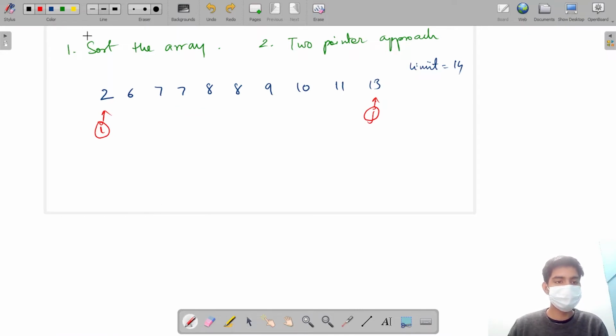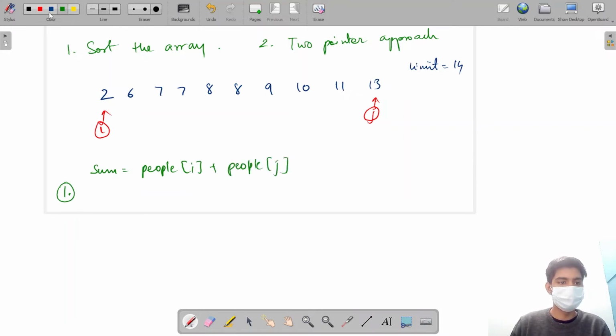Okay, and also we will see the three things we are doing, right? I will have the three conditions. Let's say my sum is equal to people of i plus people of j. This is my people vector, right?